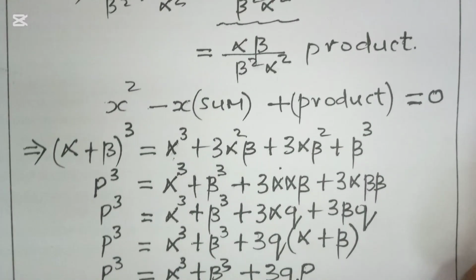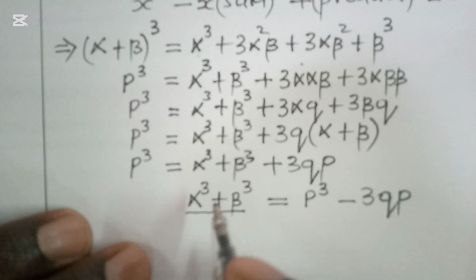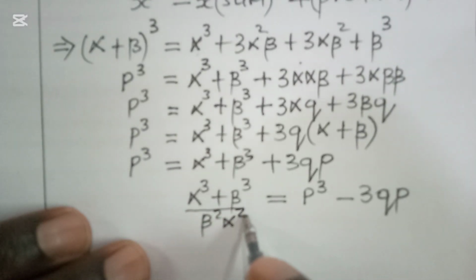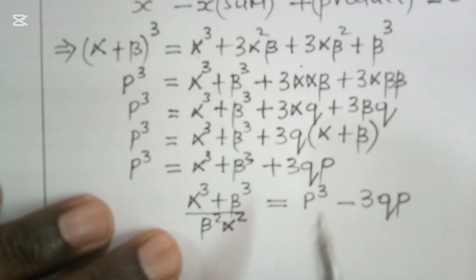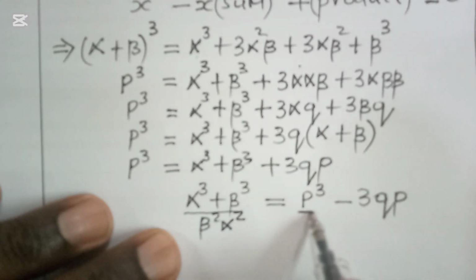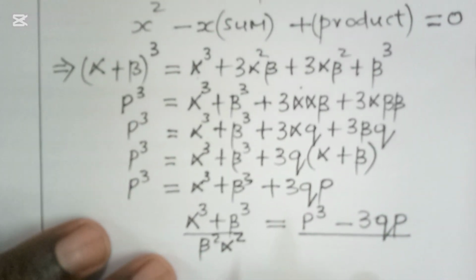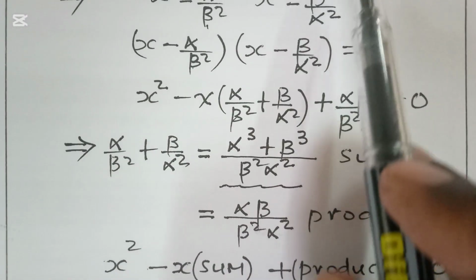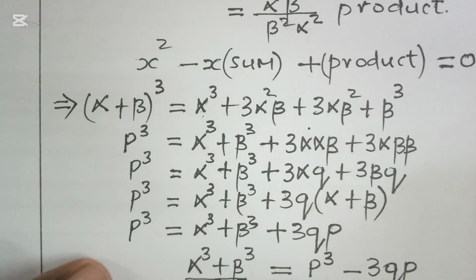And so I can now write here beta squared all over alpha squared. This is our sum. So after writing that, I also need to write that on this other side, which now I'll write in terms of p and q. For that, we are going to have q squared. So we have q squared there.